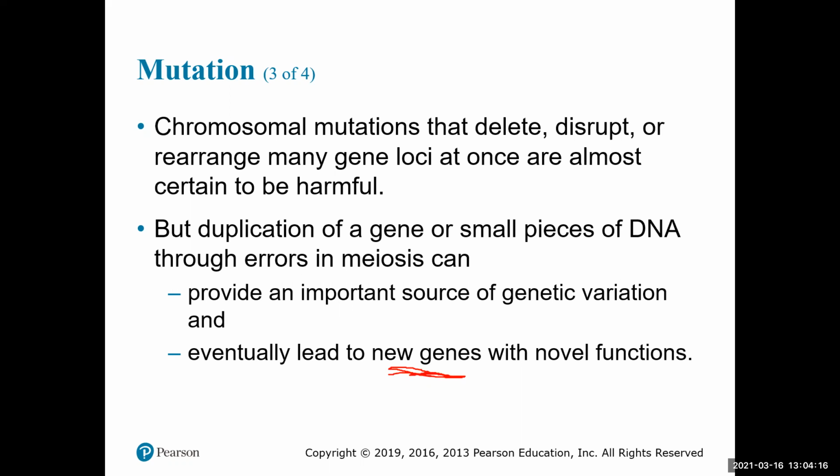So basically, if you end up with an error in meiosis and say you get an extra chromosome that was duplicated, so now you have two copies of a chromosome. One is normal and still functions, but if you get a mutation, let's say this area mutates, you still have a normal one, which does the normal function, right?